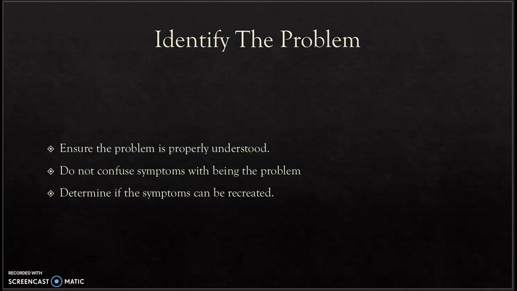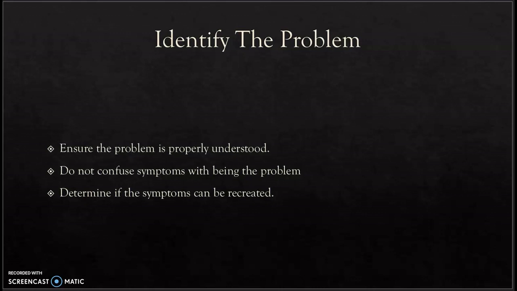It could be interference, if it's a wired or wireless network. It could be a range of different things, so we need to determine exactly what is the issue here. That goes back to ensuring the problem is properly understood before you move forward, and then determine if the symptoms can be recreated.